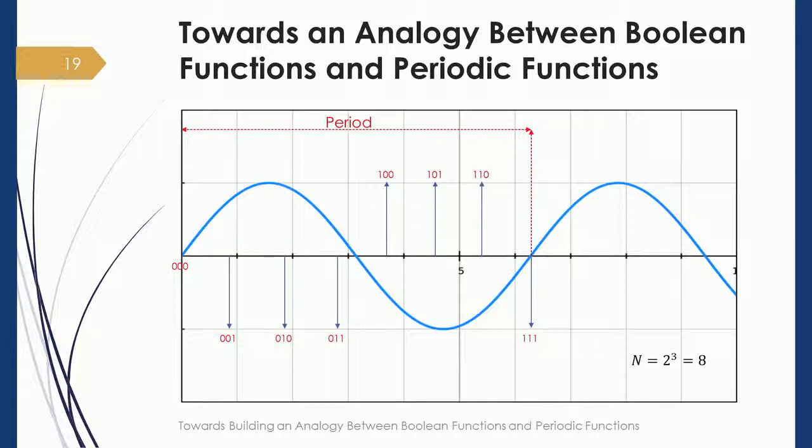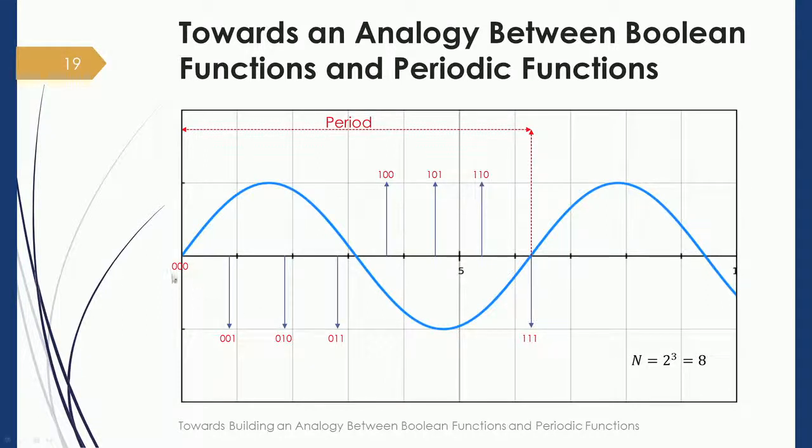In particular, we are talking about discrete periodic functions. Let us assume that we have a periodic function like a simple sine wave as shown here, and let us assume that we have sampled this periodic function at uppercase N discrete points.